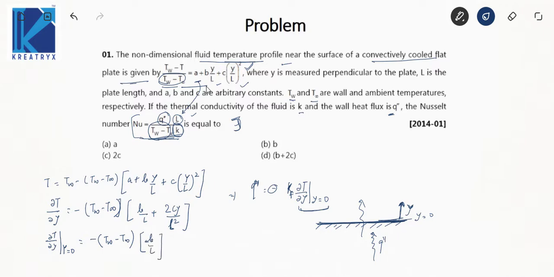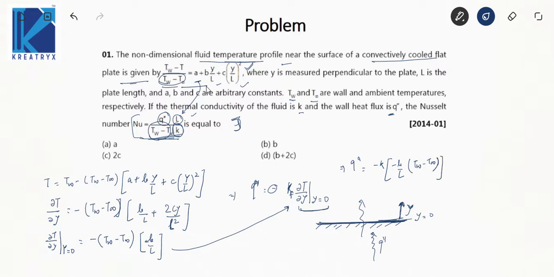Now put this term here. What you will notice is that q double dash is equal to minus k times minus B by L times T_w minus T infinity.